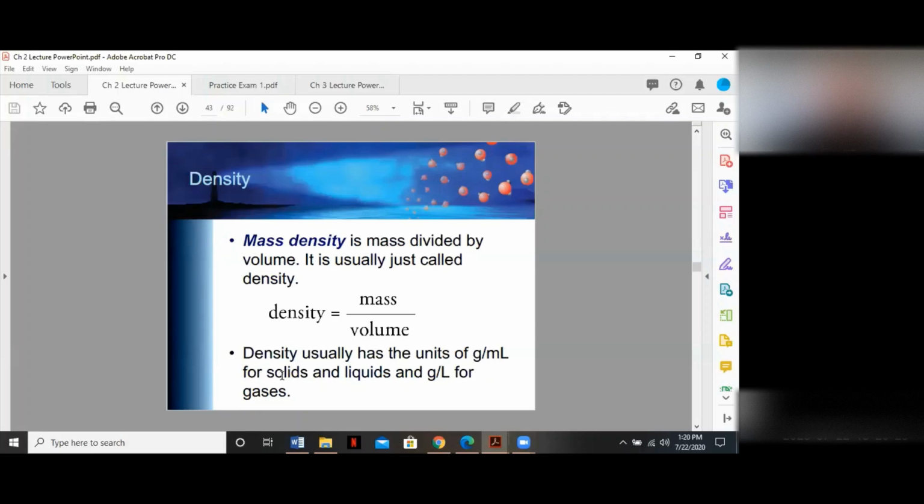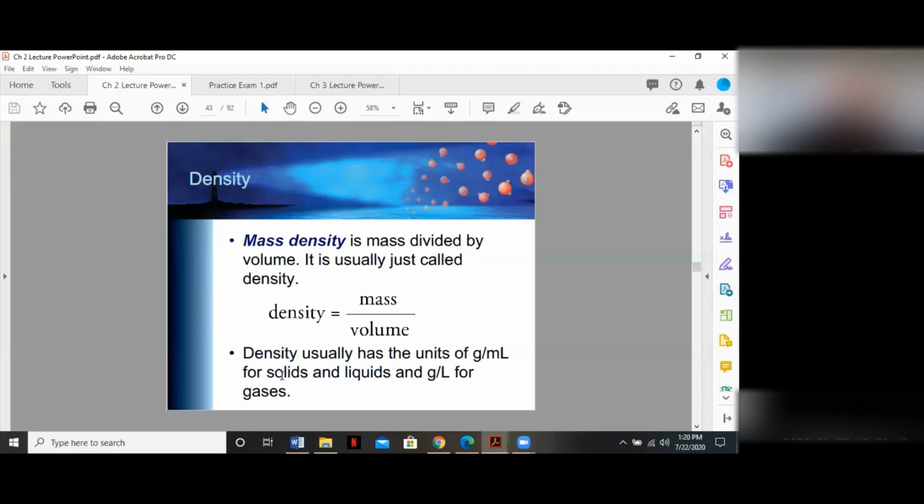Only gaseous molecules, you will notice, and we're probably going to explain this even better in the next chapter, chapter 3, when we talk about gaseous substances. Only for gaseous molecules, you will see the density reported in gram per liter. Why?